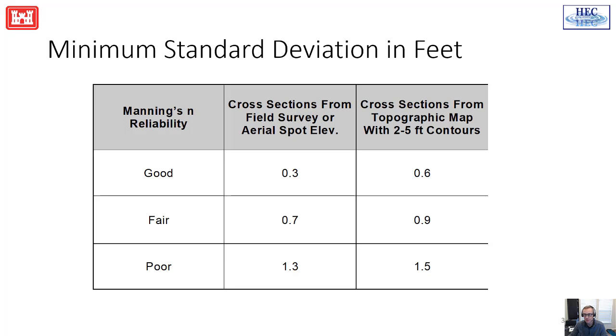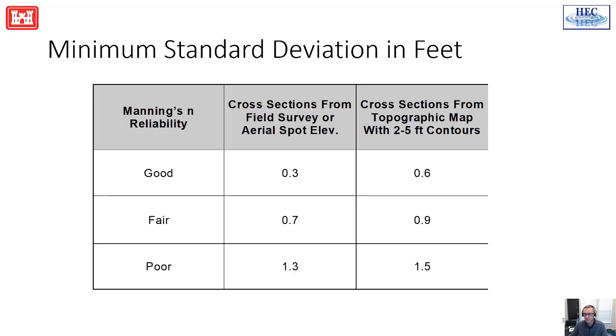Whichever method is used, the standard deviation of error generated should be checked against the table. The table is intended to provide consistency in core risk analysis and sets minimum limits that should be used when the computed values come out lower than the minimums. In other words, the values of standard deviation and stage errors from computed water surface profiles should never be less than the values shown in the table.